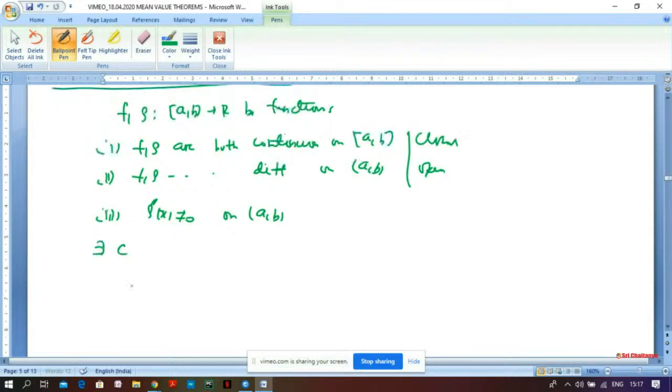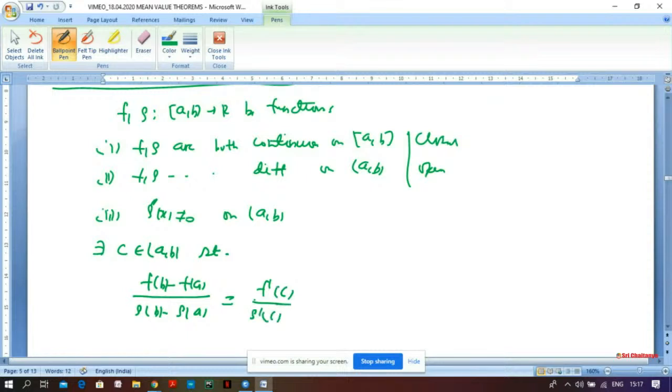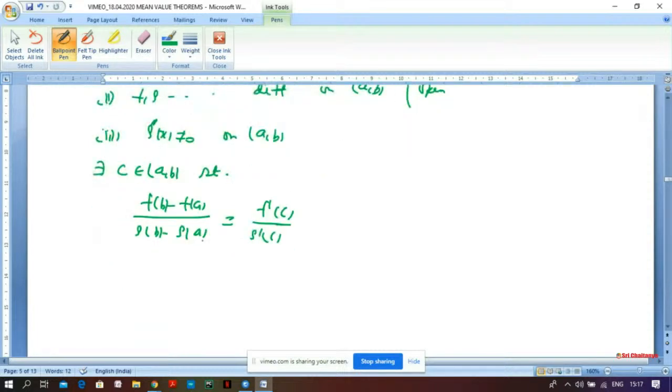Then there exists c that belongs to (a, b) such that (f(b) − f(a))/(g(b) − g(a)) equals f′(c)/g′(c). Let me remark that I did not tell you that g(b) is not g(a).